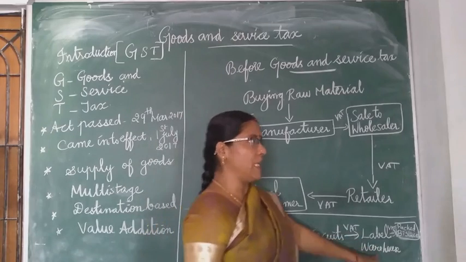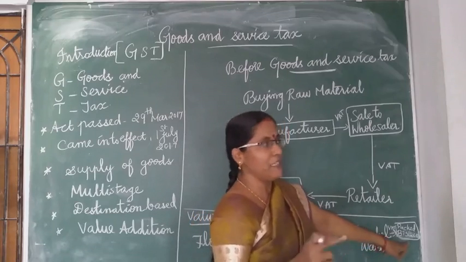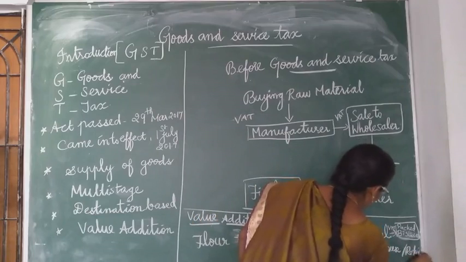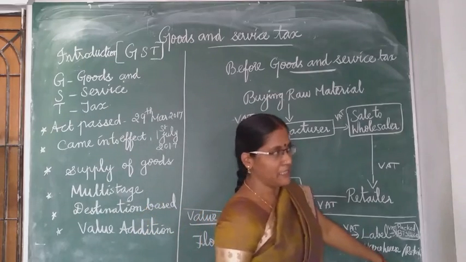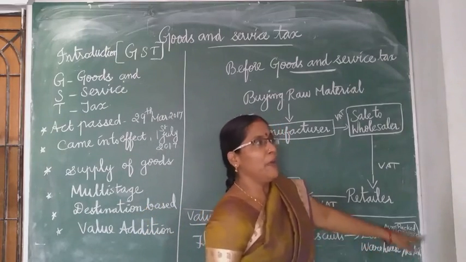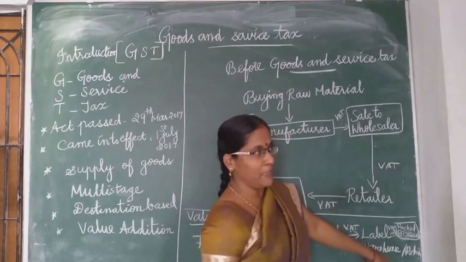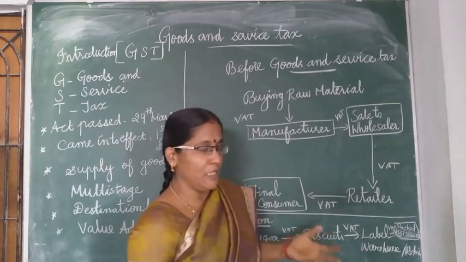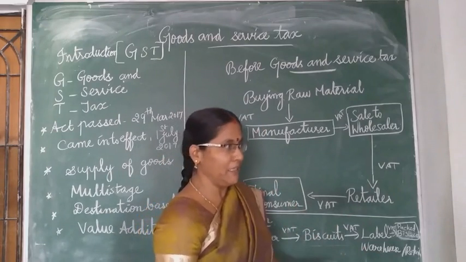Then the warehousing agent will sell it to the retailer. The retailer will pack the biscuits into smaller quantities, and then it will go into the market.